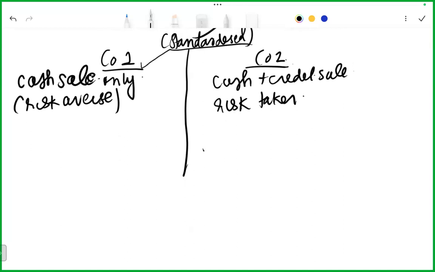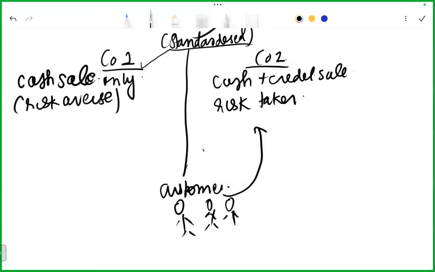But if you notice, as a customer, where will you go? You will like to go to company 2. Since both the products are same, you will prefer to go to company 2. So all the customers will go to company 2, because they are providing credit facility.